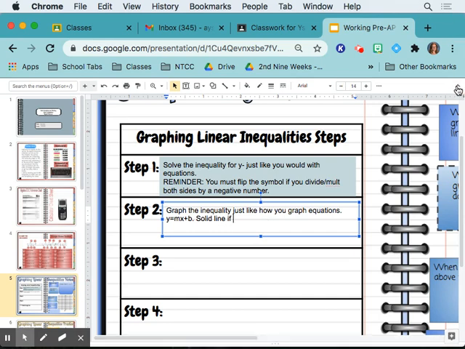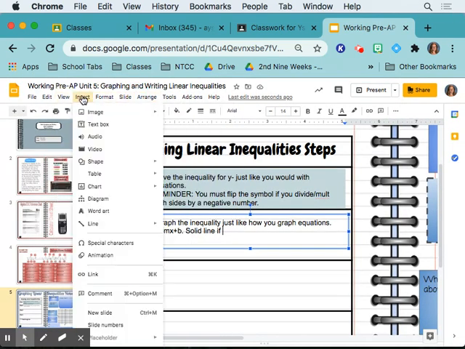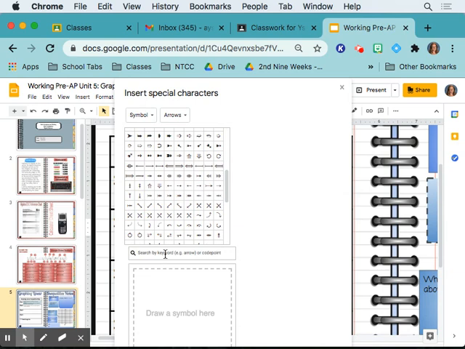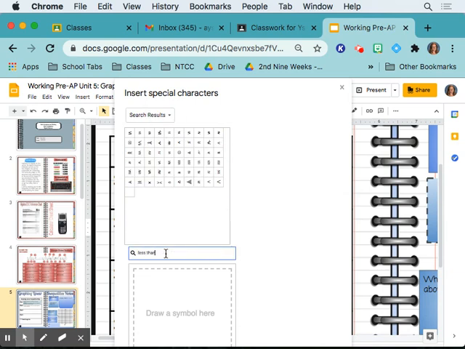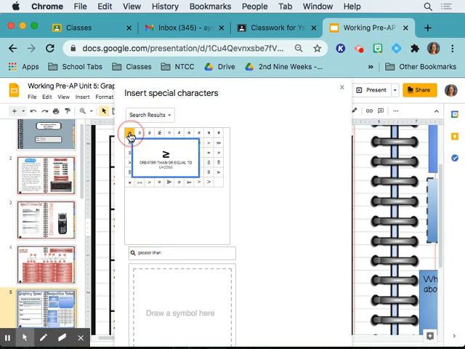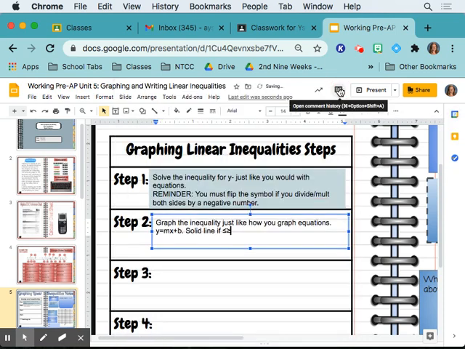So we need to insert those symbols. Let me see if I can find those. Insert special characters: less than or equal to, and then greater than or equal to. Did y'all see how I got the symbol?